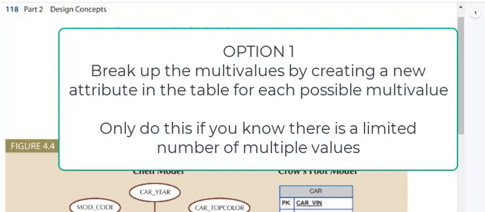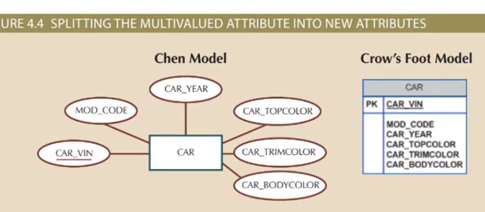Now, there may be reasons to do that, because when you're querying, you will not have to join tables, which does slow up the results. But how many extra fields do you add when you do this? This might work, actually, if you only have in a car a top color, a trim color, and a body color.